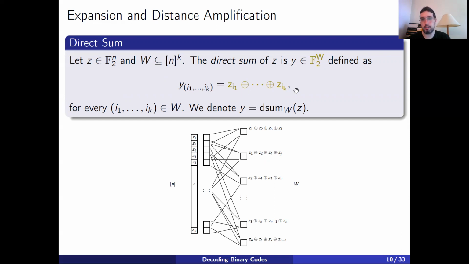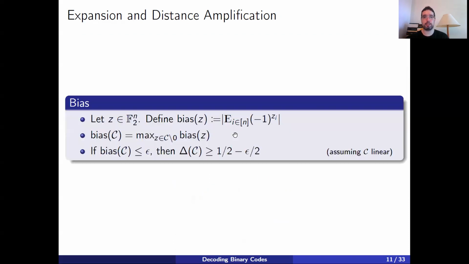So we take Z_{i1} all the way to Z_{ik}. And we are going to use this notation: we say that Y is the direct sum, using collection W, of the word Z. Again, we have our bipartite graph. On the left, we associate the symbols of Z with the vertices, and on the right, we collect the XOR of the neighboring symbols. Very good. So that's the direct sum.